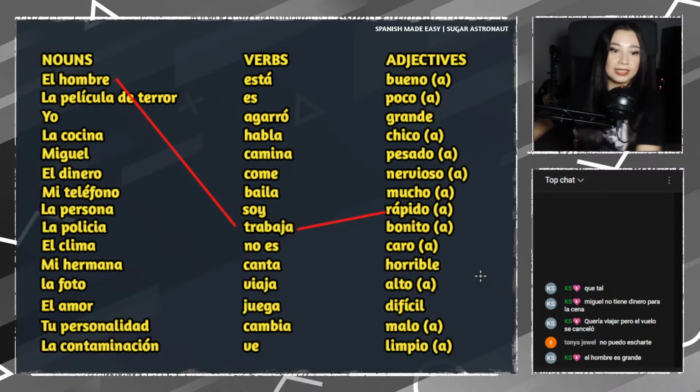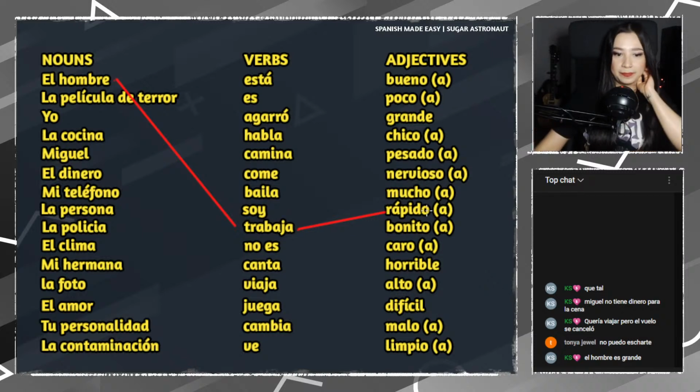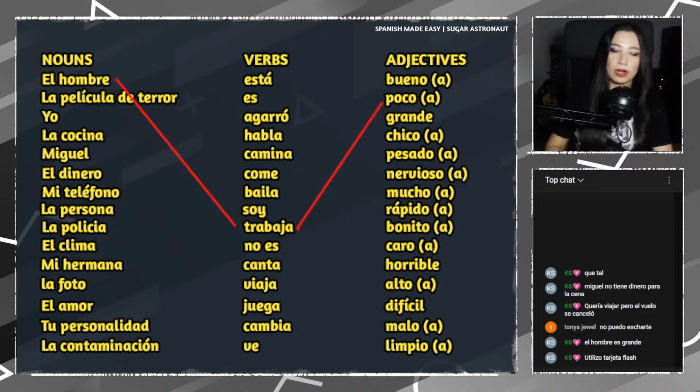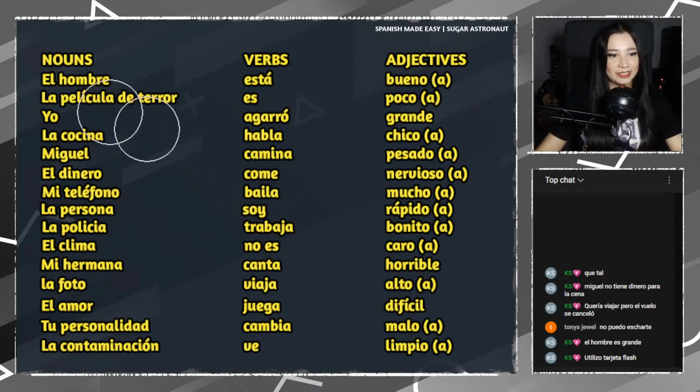The man works quickly, fast. Okay? So there's a lot of options here. El hombre trabaja poco. The man works not much. Just a little. So yeah, that's very interesting for sure.